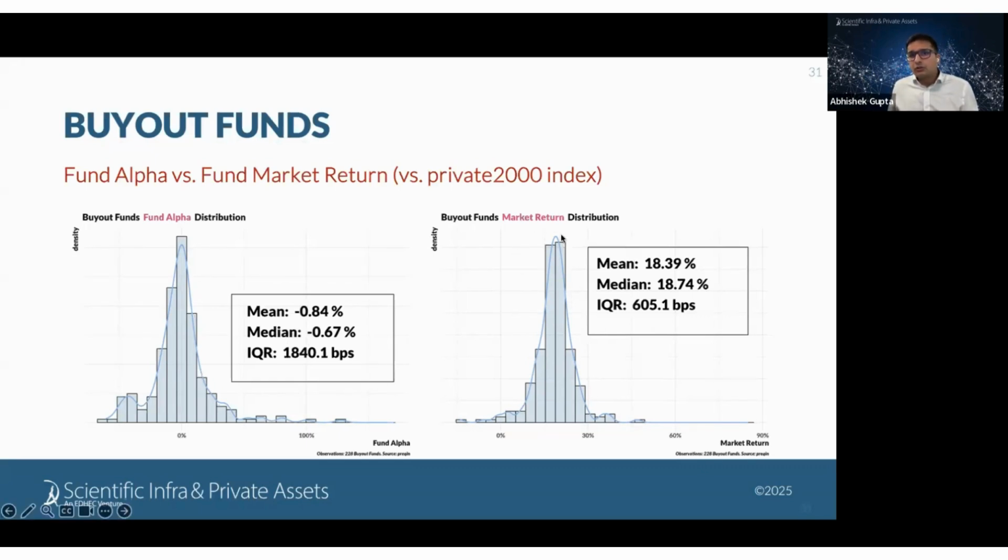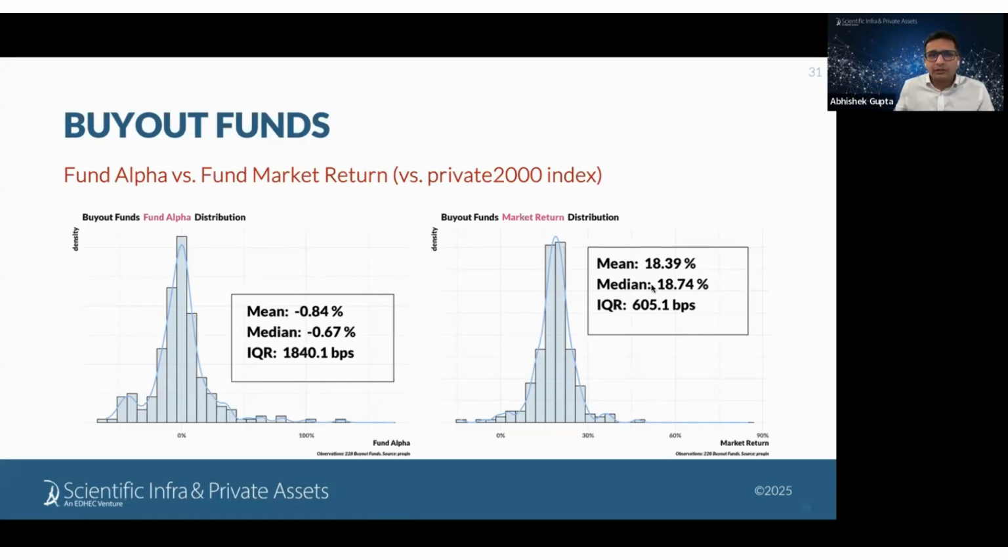The second distribution is of the market return. That is, if we take the cash flows of the fund and buy and sell that index, what sort of return do we generate from that market as a whole? And the average is 18.4%, median is 18.7%. That is, the majority of the average IRR that we saw earlier, 17.5%, is driven by the market return.